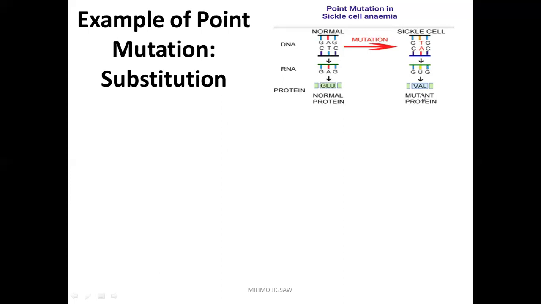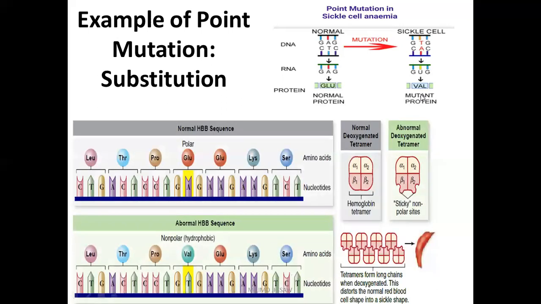The substitution of non-polar valine causes the beta chains to aggregate into polymers. And this leads to alteration of the shape of the cells, and this leads to what is known as a sickle cell. The hemoglobin becomes sickle shaped.